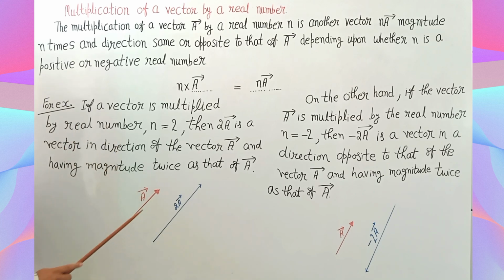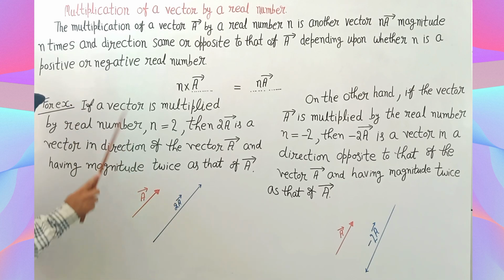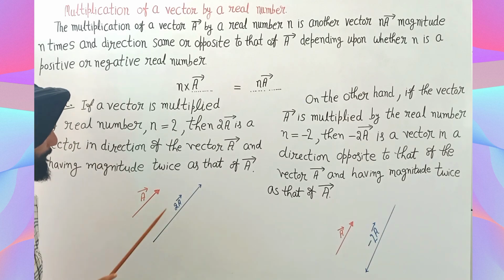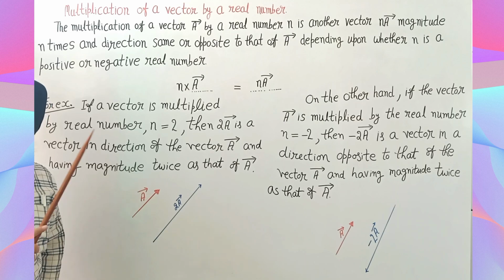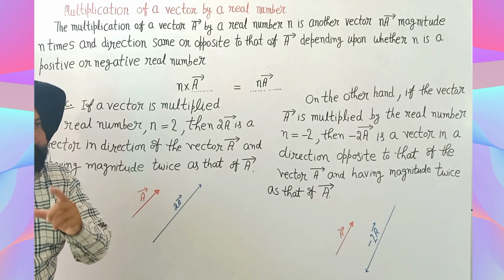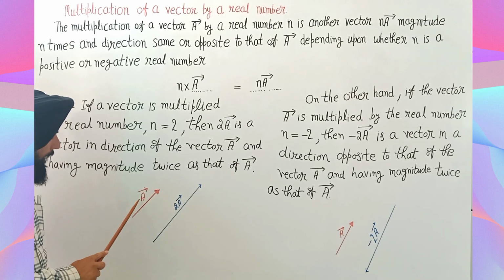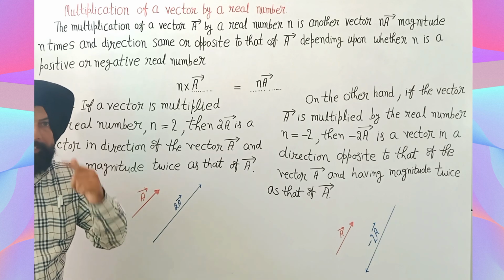So 2A is another vector having the same direction but magnitude now double. Say this is a vector 15 centimeter in magnitude.